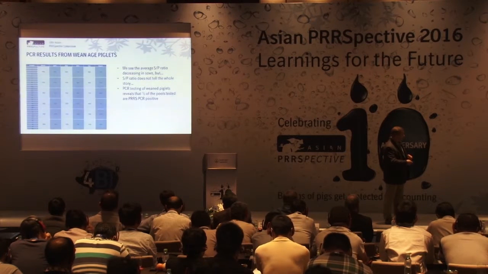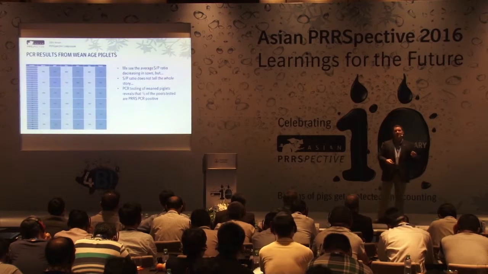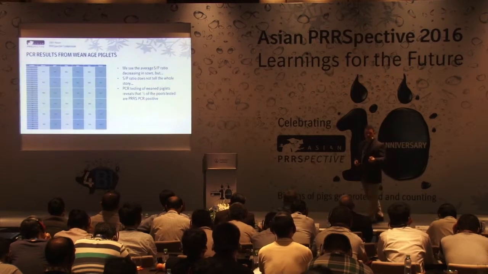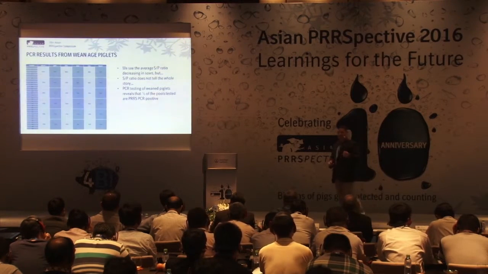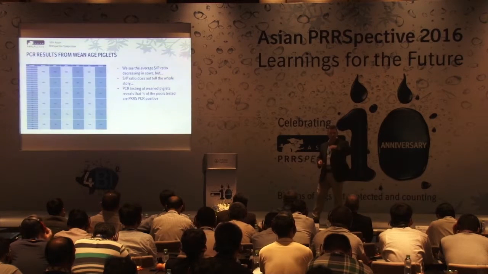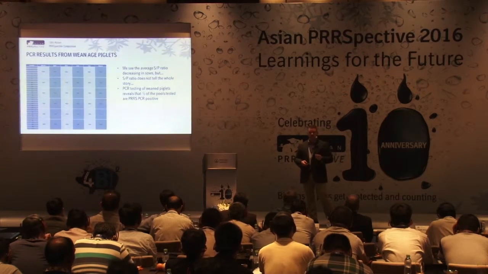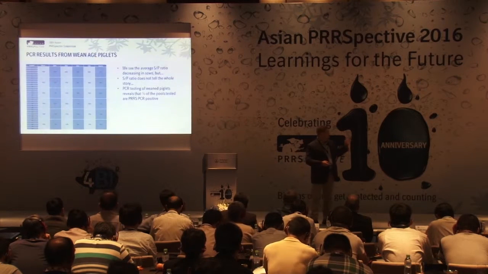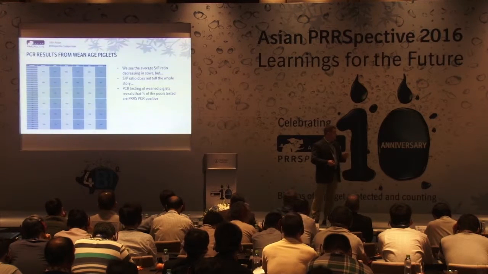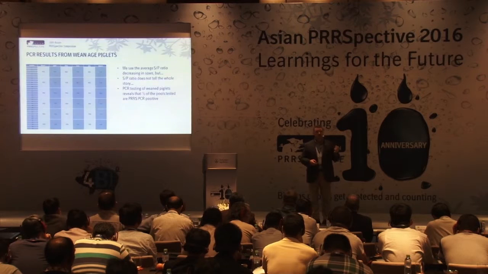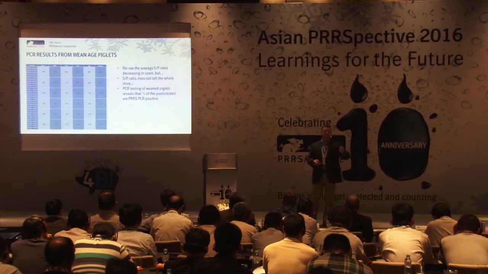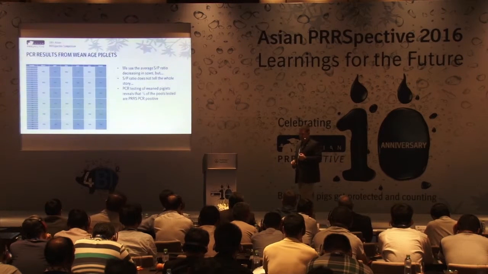And then in August, more negatives, but we still have positive samples by PCR. So what this tells me is, even though the average S to P ratio in the sows is going down, it's not telling me the whole story. The PRRS PCR is telling me that I'm still circulating virus in the piglets. So these piglets get weaned and go to the finisher, and they're still going to circulate PRRS virus amongst themselves.